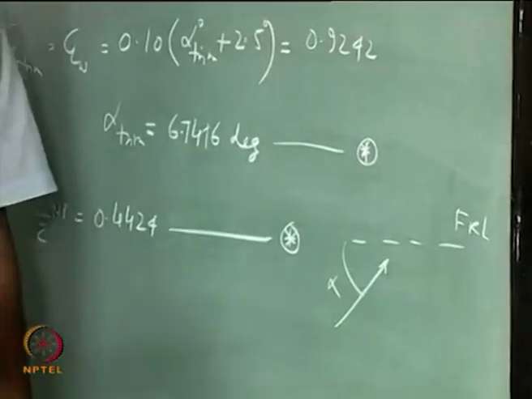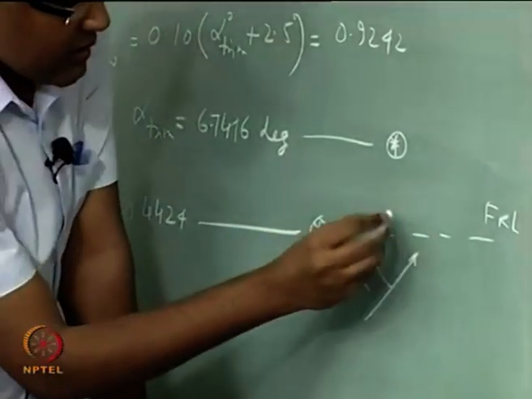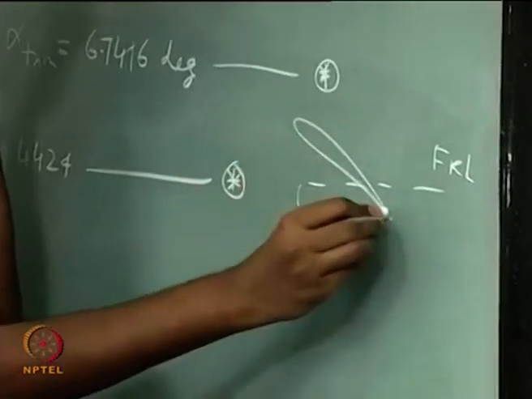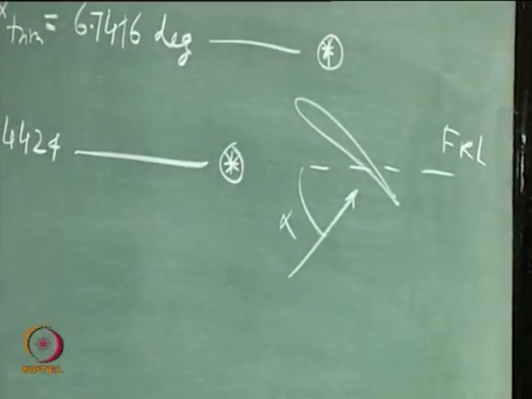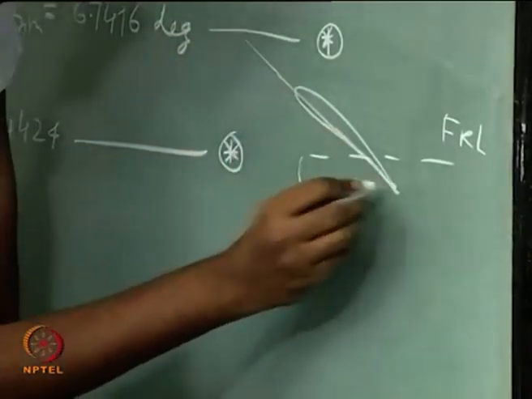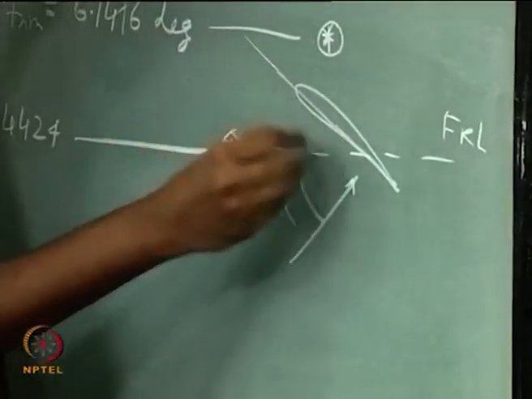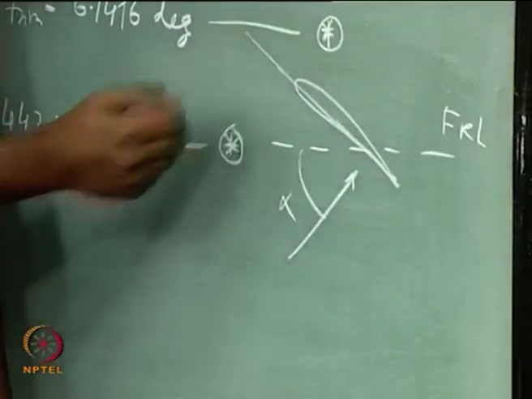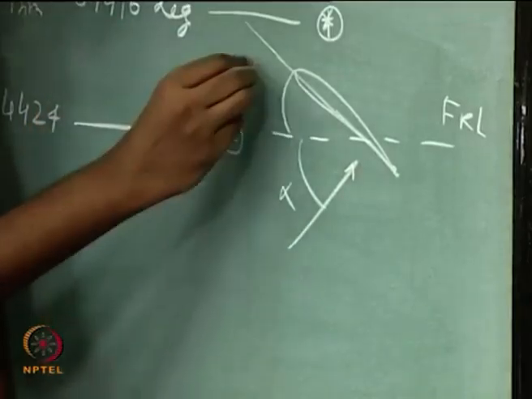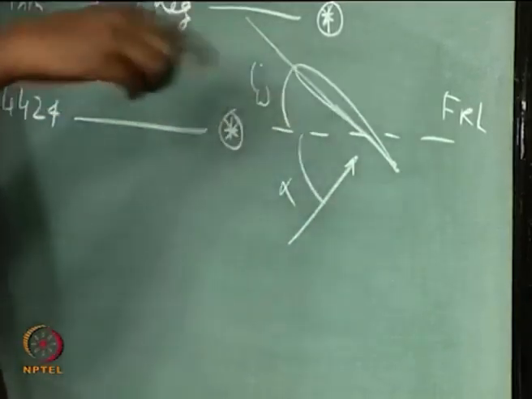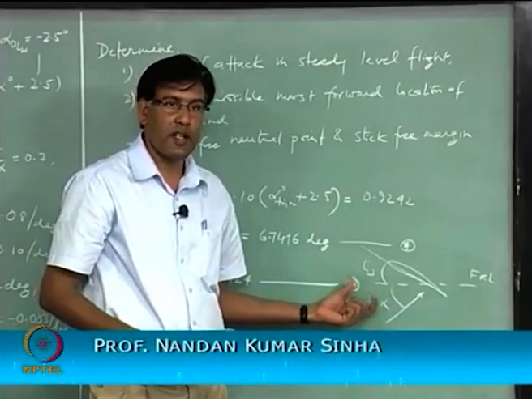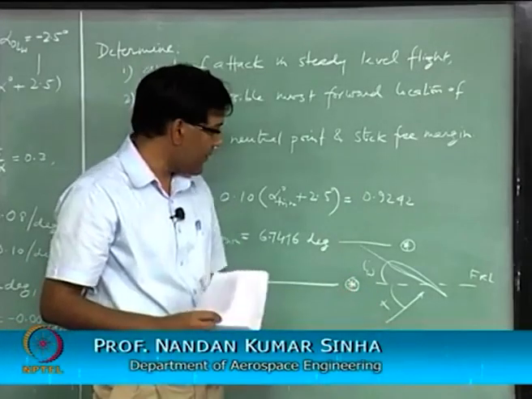What is alpha w? So, the wing is, let us say, one angle is joining the two points, the chord that is making an angle with this fuselage reference line is this IW, the incidence angle of the wing.